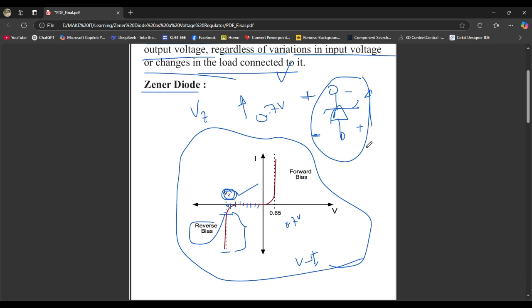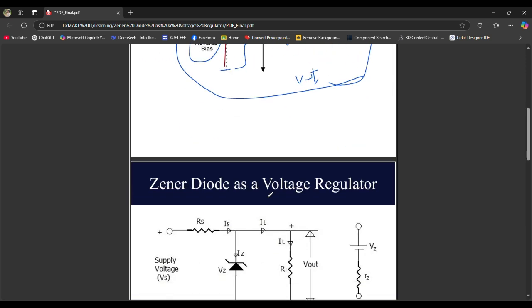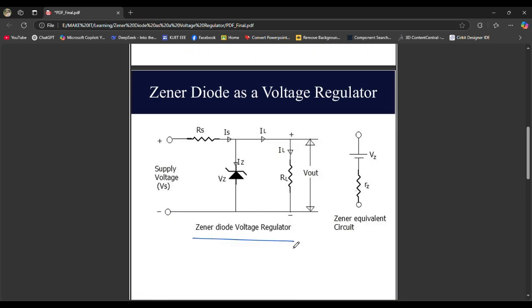So let's see how we can use this characteristic of the Zener diode to make a voltage regulator. A voltage regulator circuit looks something like this, and this is the Zener equivalent circuit. In this equivalent circuit, we have to imagine a resistance of the Zener diode, which we call Rz, because a current will flow in the Zener diode, which we call Iz.